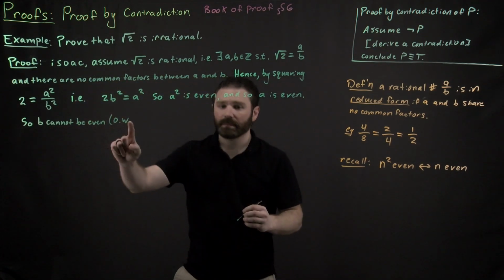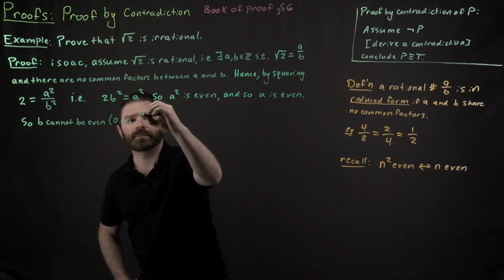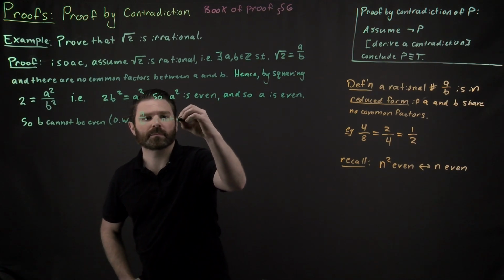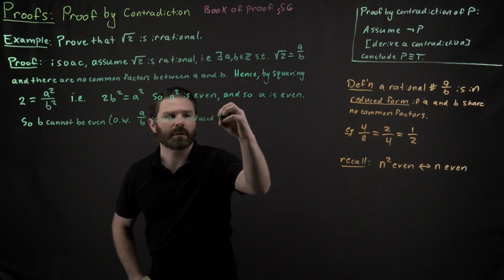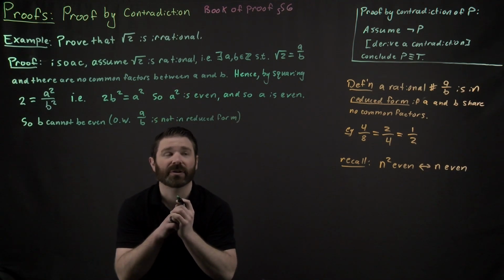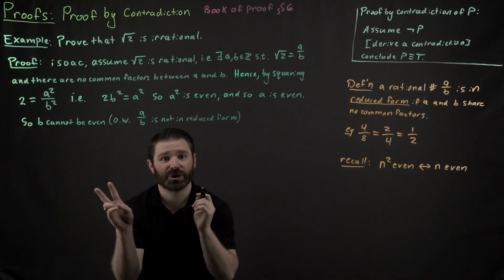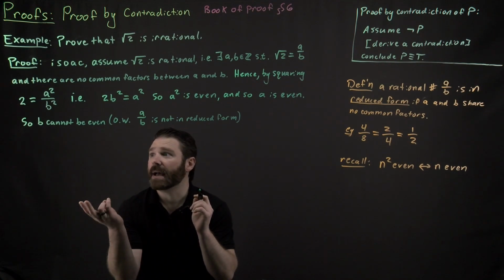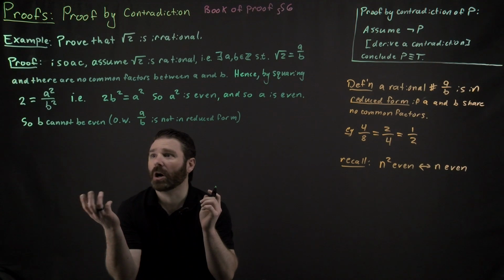They would share a common factor, the numerator and denominator, of 2 if they were both even. So that means, well, if it's not even, that means it's odd.